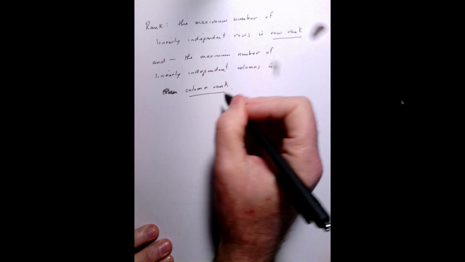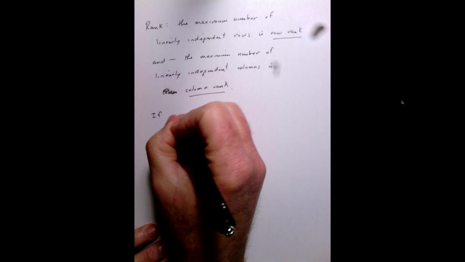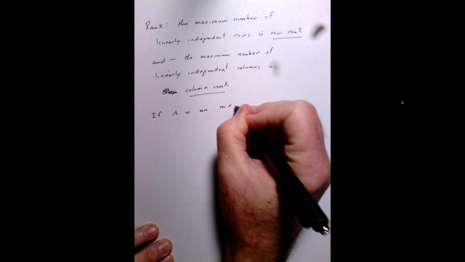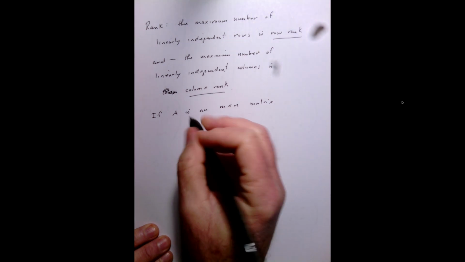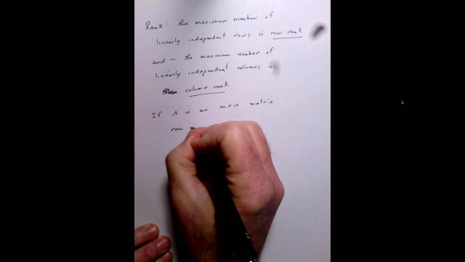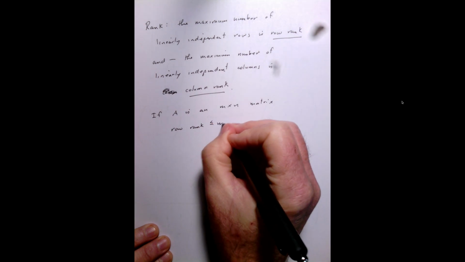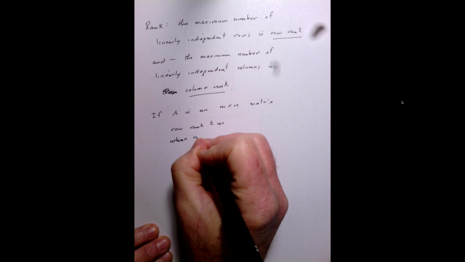So if A is an M by N matrix, we have upper bounds on our row rank and our column rank.